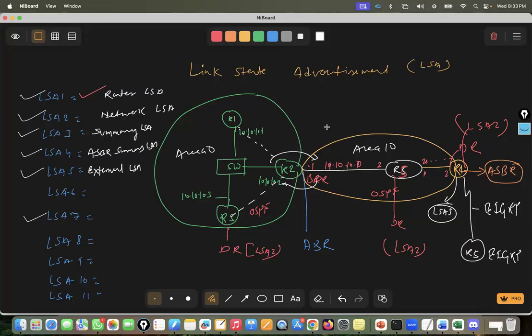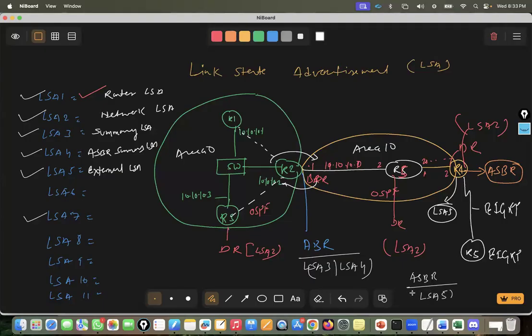Shall I go next if all clear till LSA1? So LSA3 summary is also going to be advertised by the ABR, right? Yes, the ABR is going to generate two LSAs, LSA3 and LSA4. The ASBR is going to inject only one LSA, that is LSA5.